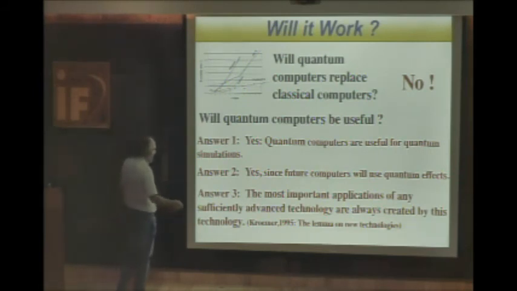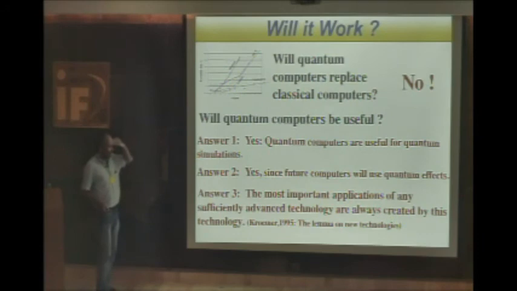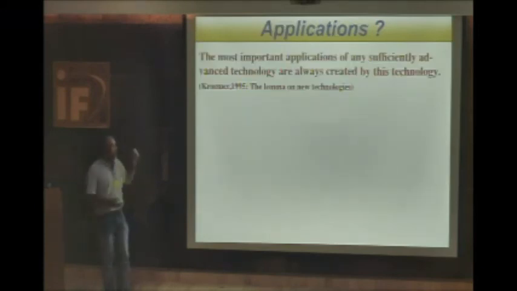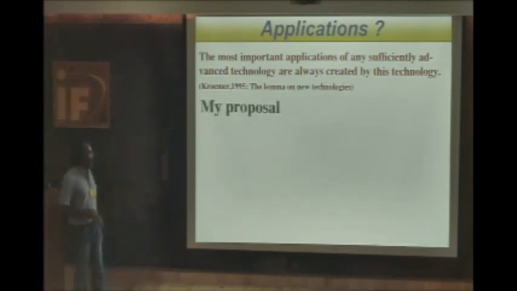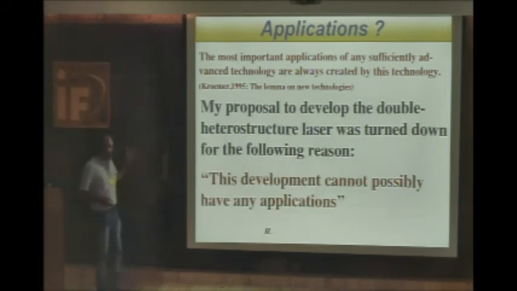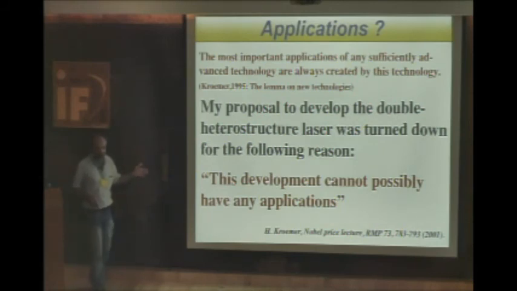And the third, which is maybe the most important answer, comes from Krömer. In case you don't know Krömer, he was a semiconductor scientist, and he got the Nobel Prize for semiconductor heterostructures. Now, when he got the Nobel Prize, he told a story that when he was working for a commercial company and he proposed to the management to build semiconductor heterostructures, the management said, well, no, you shouldn't do that because there is no application of semiconductor heterostructures.